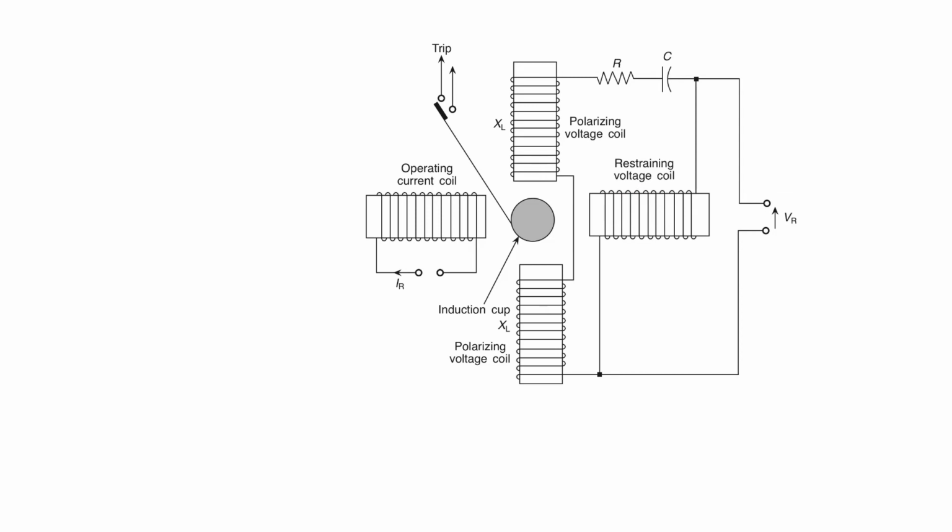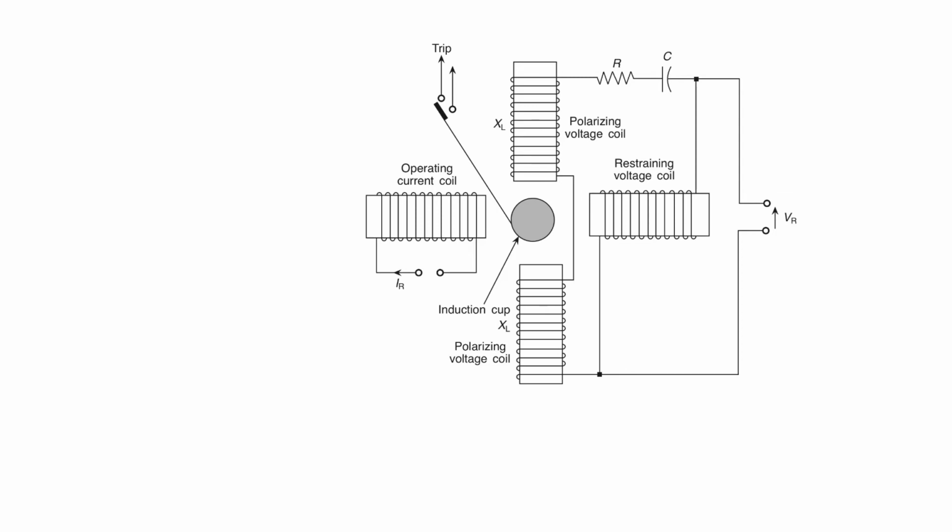The flux due to the operating voltage coil interacts with the induced current due to the current coil to produce the operating torque, which is proportional to VI cos of theta minus tau.